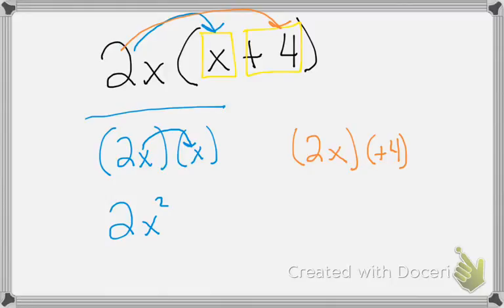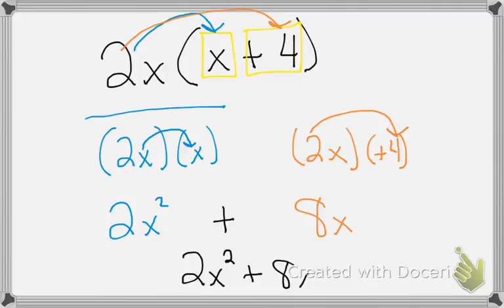If I move to the second piece, I take care of my numbers first, my digits. 2 times 4 is 8, and the x comes with it. I know because I've already boxed my terms that that invisible operation sign is a plus, making my new expression 2x squared plus 8x.